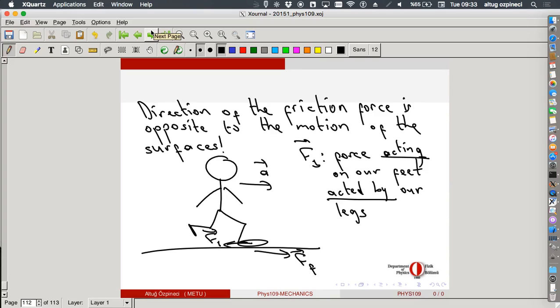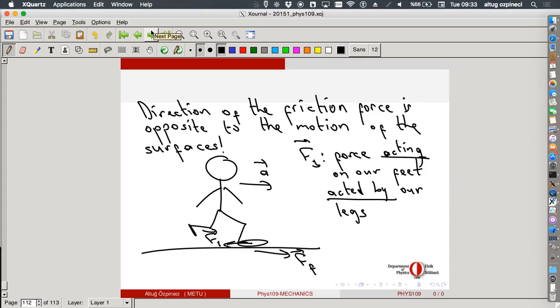I think there must be static and kinetic friction in this case. Between your feet and the surface, no. Because at the beginning there is static friction, but then my foot moves according to the surface. My foot that is touching the surface of the earth is never moving relative to the surface of the earth.